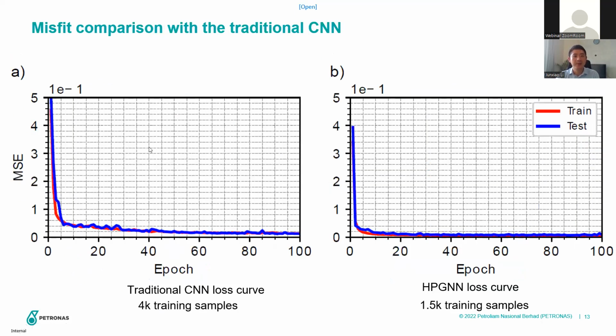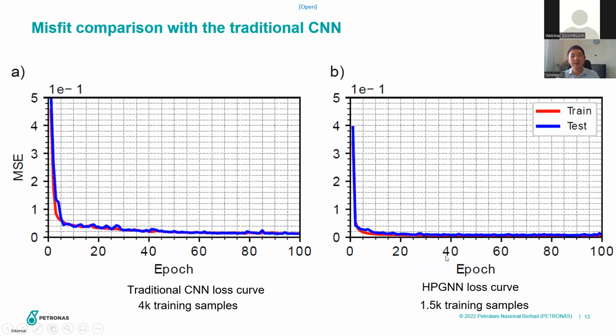By comparison, we also tried using the CNN neural network to do the training. The left picture shows a misfit comparison when we only use the CNN, where we have been using about 4K training samples to get this kind of loss curve.